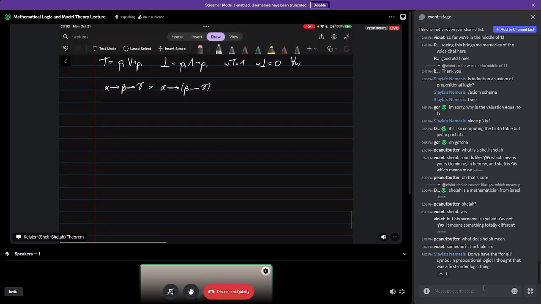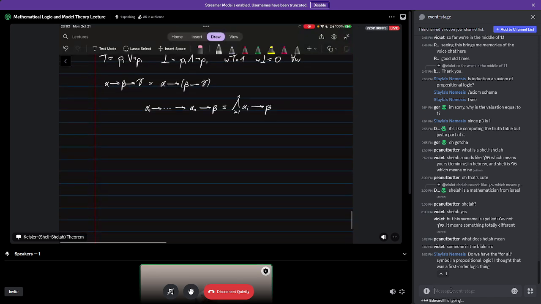And if we do that, then we have the following nice identity. Alpha 1 implies alpha 2 implies alpha 3, and so on, alpha n implies beta is equivalent to the conjunction of all the alpha i's implying beta, where the conjunction of alpha i from i equals 1 to n is alpha 1 conjunction up to alpha n.